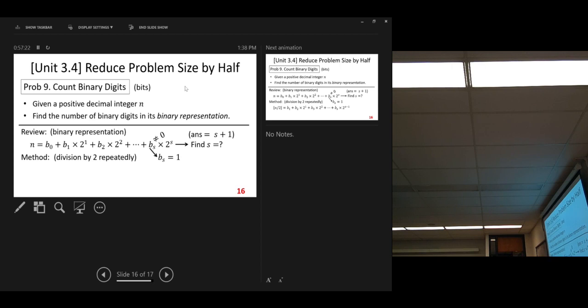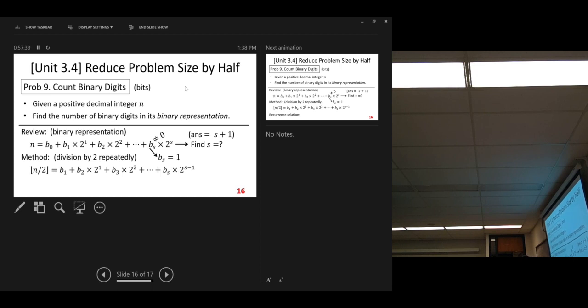The first time, let's do division by 2 and then take the floor function, floor of n over 2. Other than the first one, each term is a multiple of 2, so we can do the division with no problem.